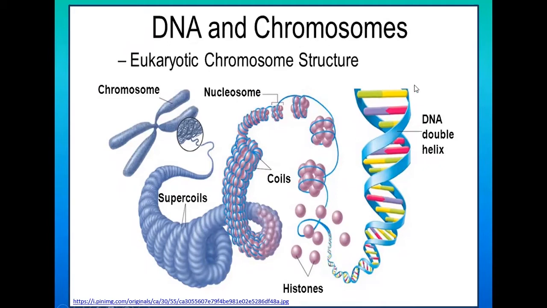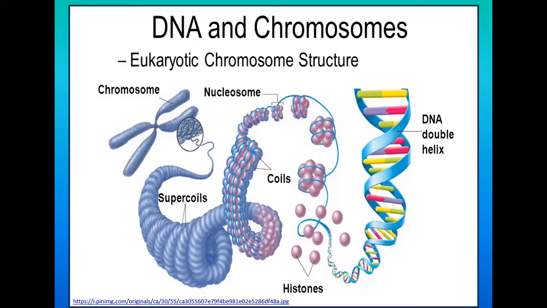And also, each segment of this DNA strand is what we call your gene. Each segment of your DNA strand is what we call a gene, and that gene is responsible for a certain trait.